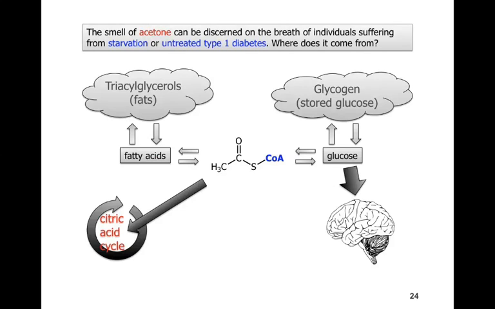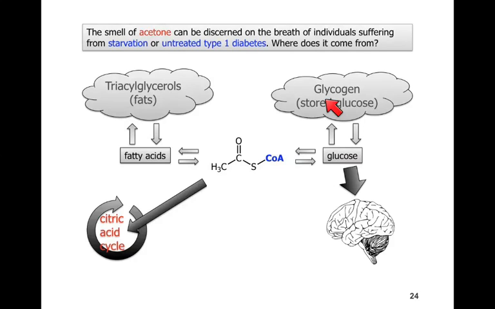So essentially, when your body releases insulin, it does so to say, oh, we need to store the glucose as glycogen. So the insulin basically is driving this pathway, pushing the glucose to be stored.